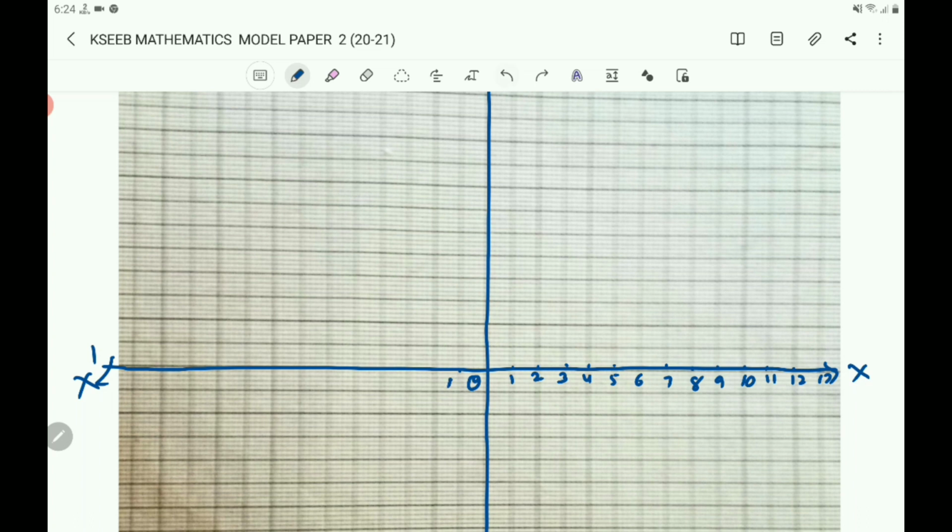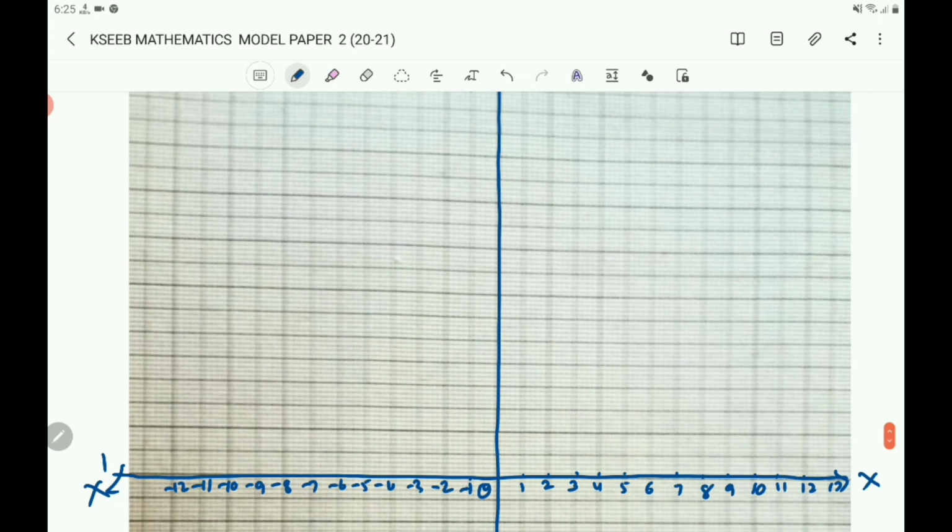Again you mark minus 1, minus 2, minus 3, and so on up to minus 13.